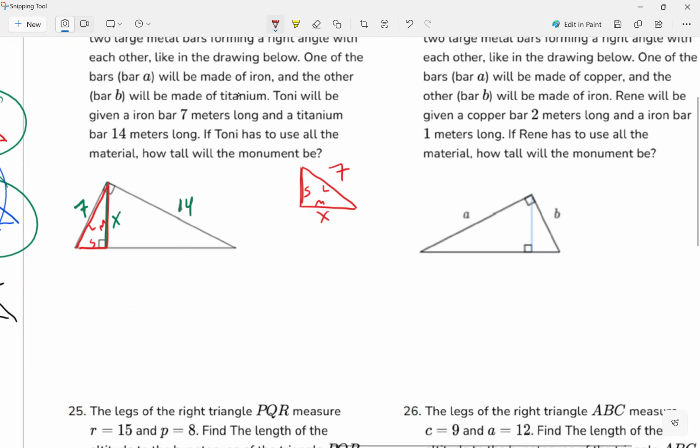Okay. Now let me go with a blue triangle here. Small, medium, and large. The small side is X, the medium side is blank, the large side is 14.